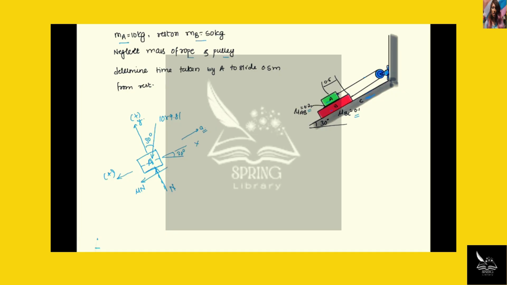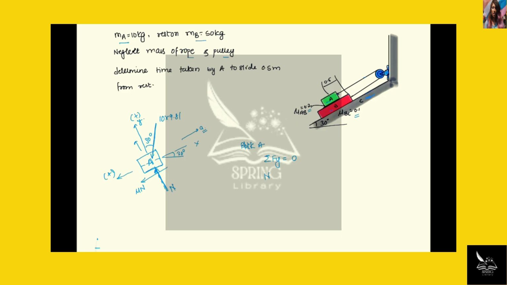Okay, so now if we apply the equilibrium condition of Newton's law in block A, we have summation of Fy forces equals 0, since we don't have any vertical motion. From this we have N, which is acting vertically upward, and downward we have this vertical force.